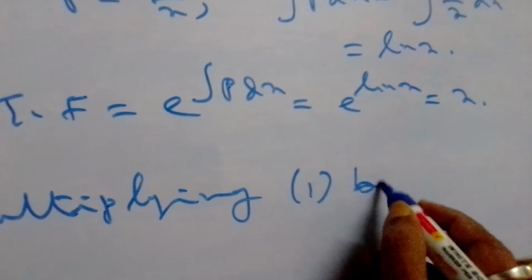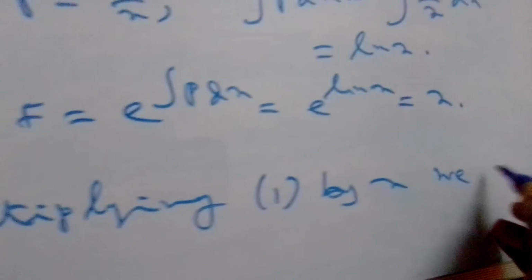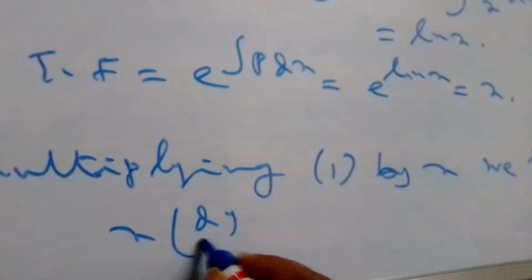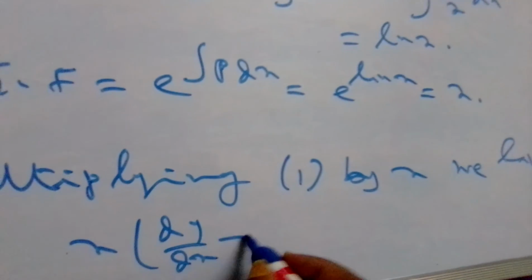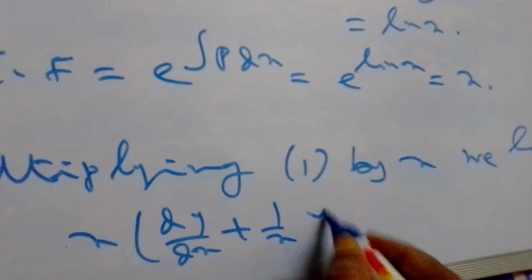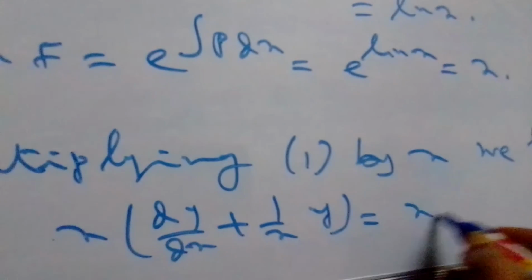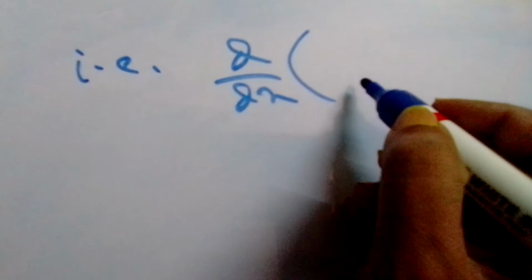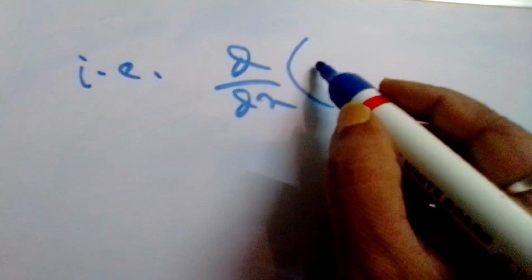Now if we take equation 1 and multiply by x, we have x into dy/dx plus (1/x) y is equal to x sin x, that is d/dx of, and simply this factor will be x, so xy.